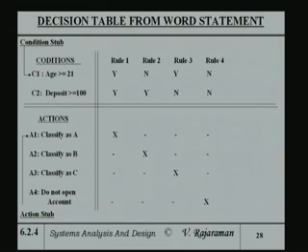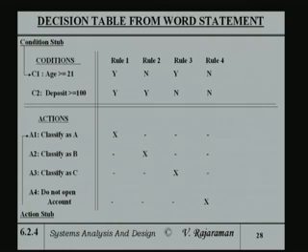In this case the conditions are all put together in the left corner. The table has 4 quadrants. The left top quadrant, where the conditions are listed, is called the condition stub, and the one below it on the left hand side of the double line is called the action stub. There are the actions to be taken.